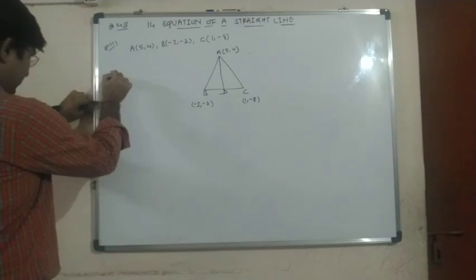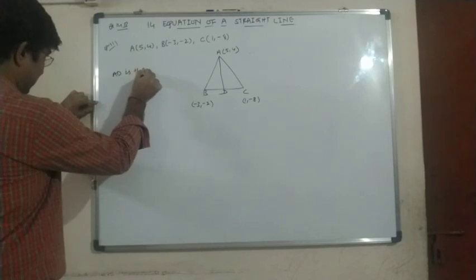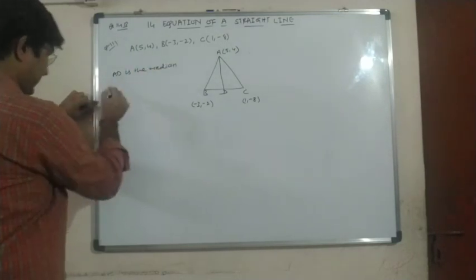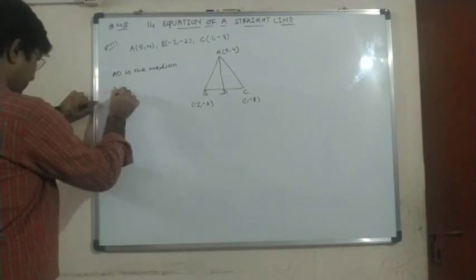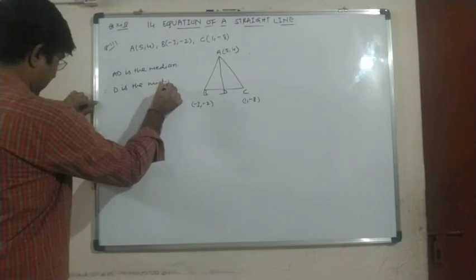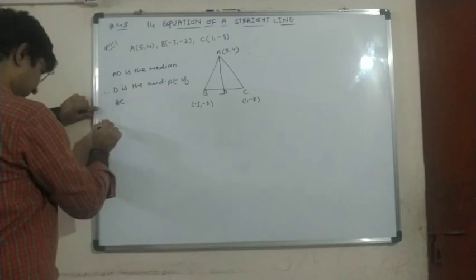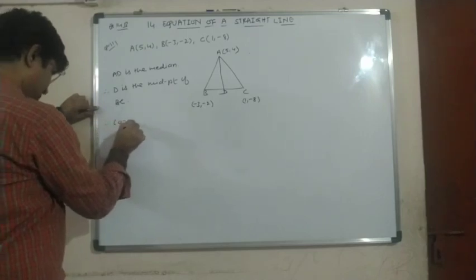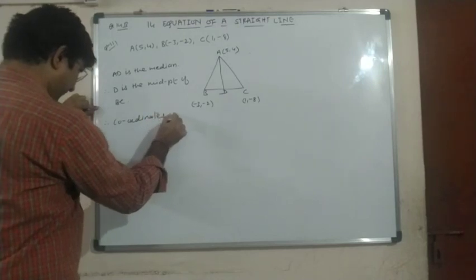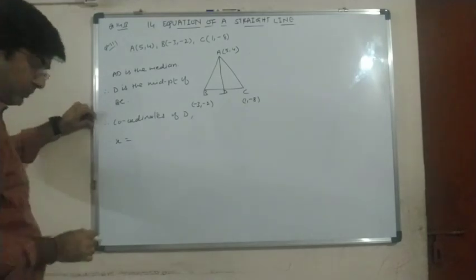It is given that AD is the median, and therefore D is the midpoint of BC. Clear? And therefore we will calculate the coordinates of point D using the midpoint formula.